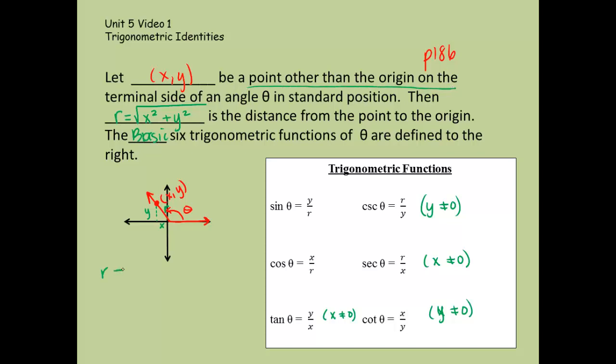So r will never be 0. Another important thing to remember is that r will never be negative, because r represents a distance, and distances are never negative. So r will always be positive.